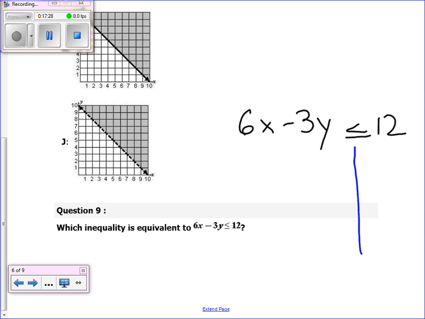Whenever I move something to the other side, it goes to its opposite sign. Because this 6x is positive on the left, it changes to its opposite on the other side. So then I'm going to have negative 3y is less than or equal to negative 6x plus 12.